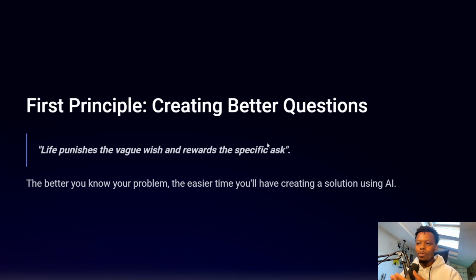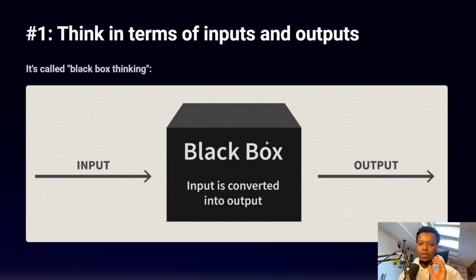I could have pulled out maybe 18 other quotes that will tell you the importance of having good questions as opposed to just searching randomly for different answers, because creating the question, putting in the work to make the good question is 90% of the work, especially when you have AI, which will just give you the answer anyways. The better you know your problems, the easier time you'll have creating a solution. And that's basically the underpinning of what this is, which is black box thinking.